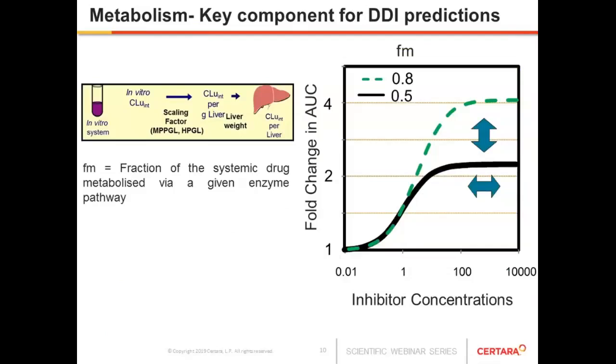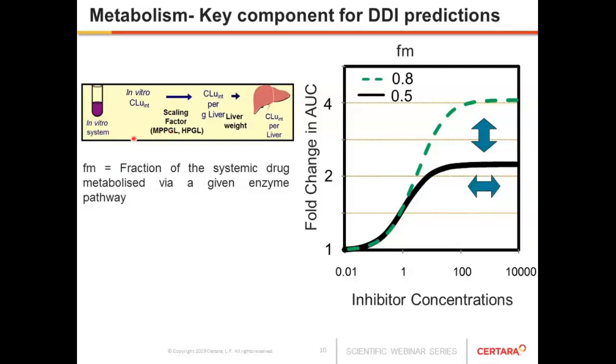Now, as I explained earlier, in an in vitro system, you determine the clearance of your drug. Then when you scale it up, given different physiological factors, such as the microsomal protein per gram of liver and the liver weight of the individual, you can scale up to the total intrinsic clearance of that particular pathway.